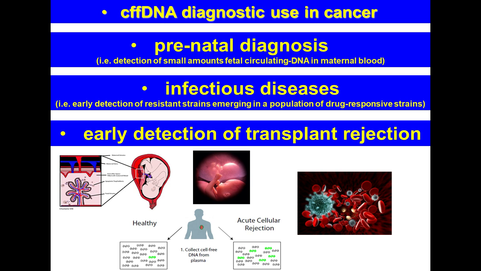Again, we have the same issue of few mutated DNA molecules in an excess of wild-type molecules. So as you can see, the applications of low-level mutation detection are quite general, and they apply not only to cancer, but also to other fields that are emerging or established.